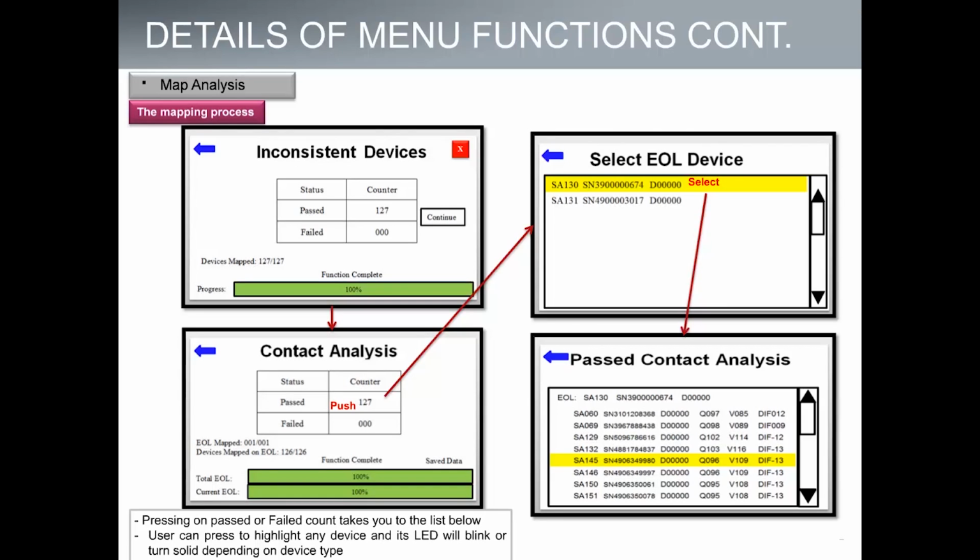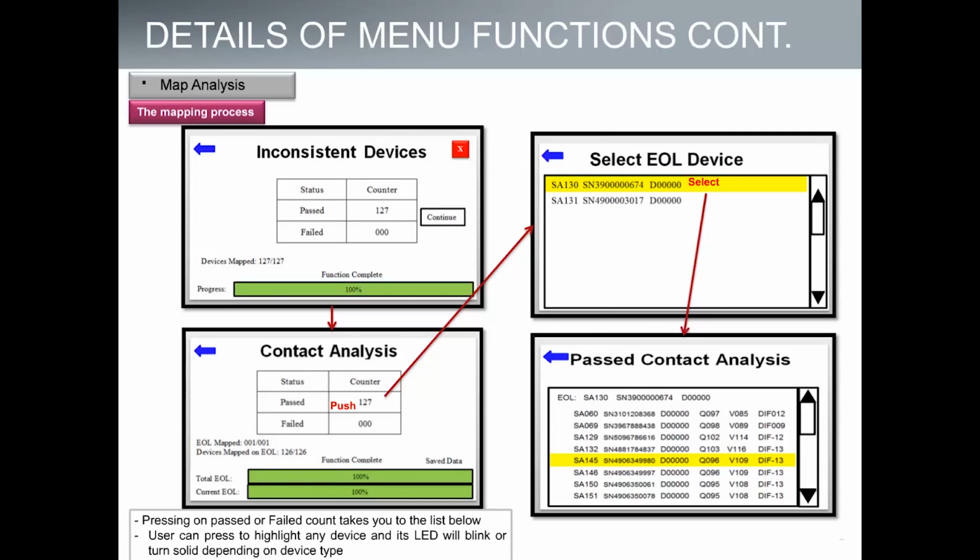Next, contact analysis. The contact analysis function tests the response measured by listening to devices when the enunciating device is activated. The response is an indirect measurement of the contact resistance and can be used to identify existing mapping issues or devices that have the potential to cause an issue in the future.